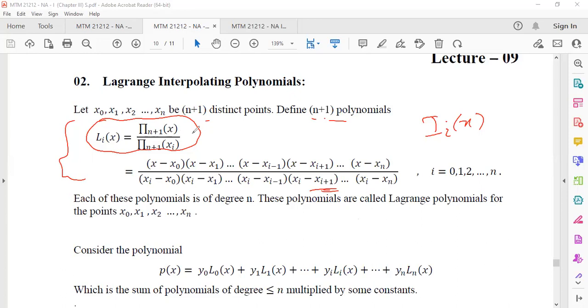So in this equation, you can say this is for x, this is for xi. Then in the next equation, what is happening? Is it the same in the numerator and denominator, or is there a small change? No one noticed anything?